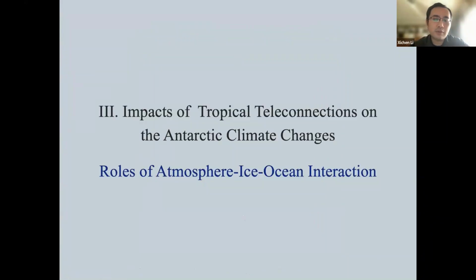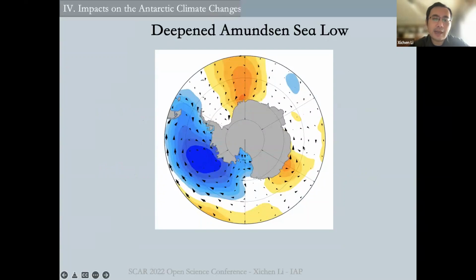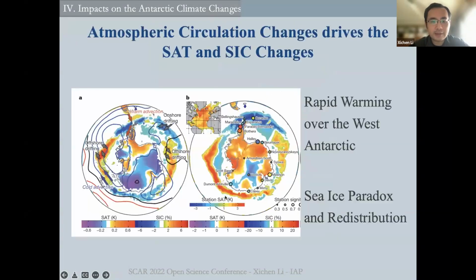So what happened to the Antarctic climate changes? What does this deepening of the ASL low impact on other aspects of the Antarctic climate? So we have the circulation changes caused by the ASL low. The low pressure center in the southern hemisphere is usually associated with a clockwise circulation around the West Antarctica.